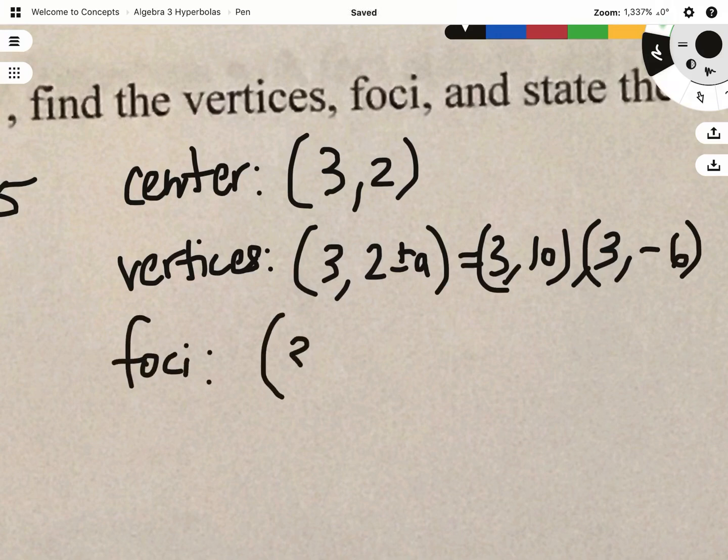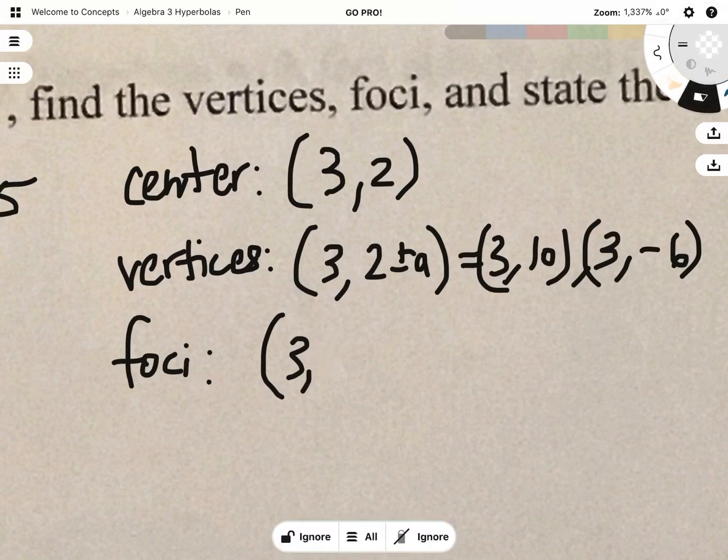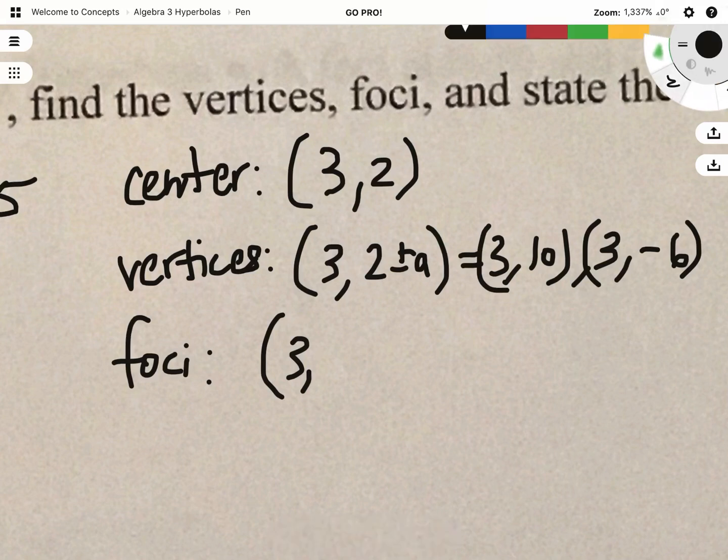The foci, again, we're adding to the y values now. So 3, 2 plus or minus c.